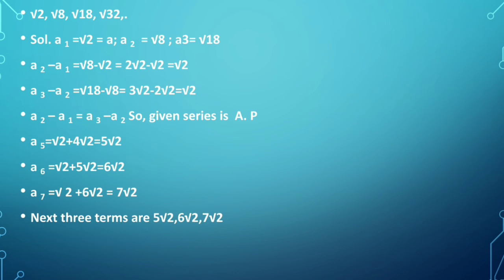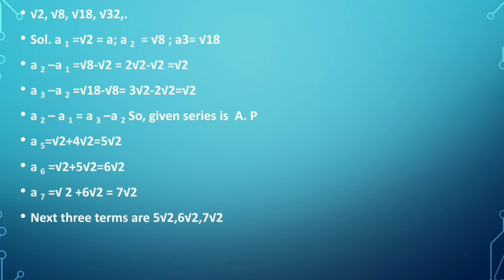Now a5 is a4 plus d. Here a4 is root 32, which can be written as under root of 16 into 2, that is 4 root 2, and adding d, that is 4 root 2 plus root 2, is 5 root 2.